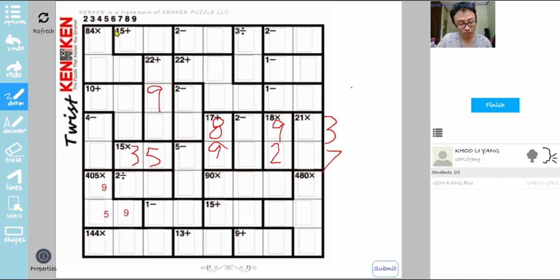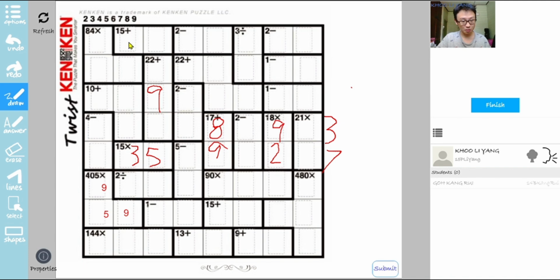Okay, look at this 15 plus box. There are two possibilities, which is 8 plus 7 and 6 plus 9. Since 9 is at this column and this column, the 6 plus 9 is rejected.